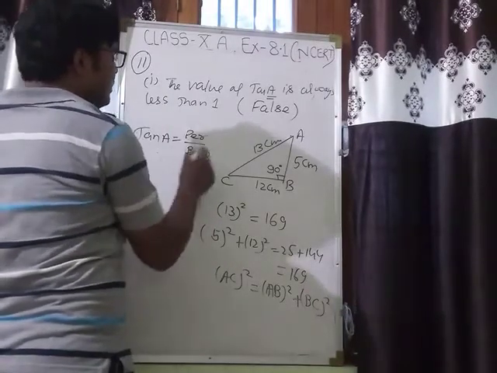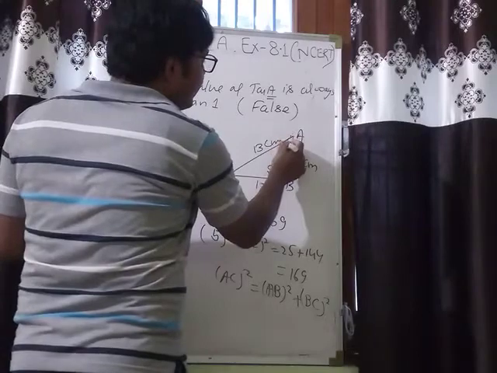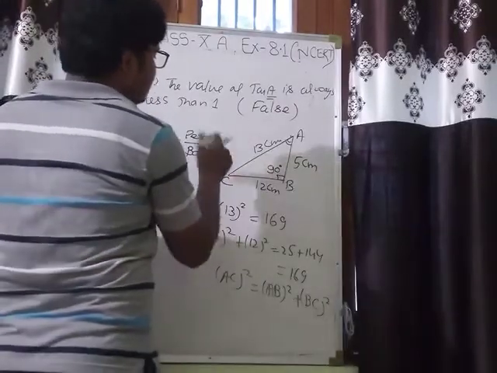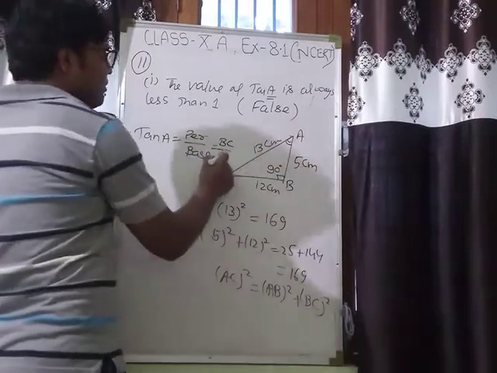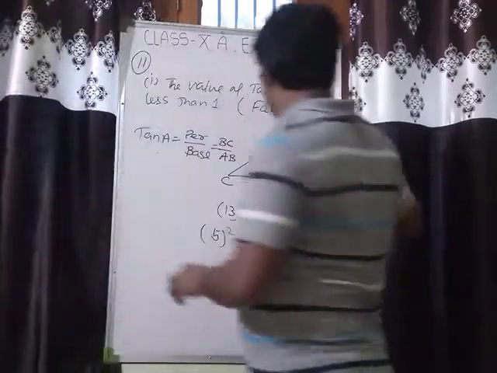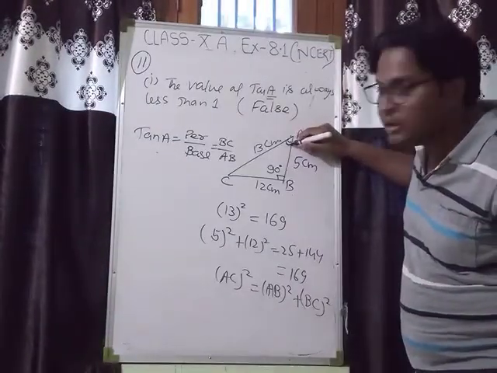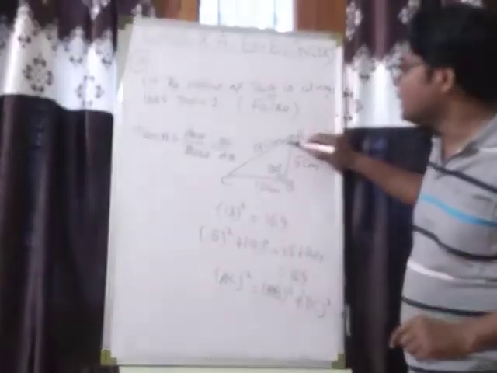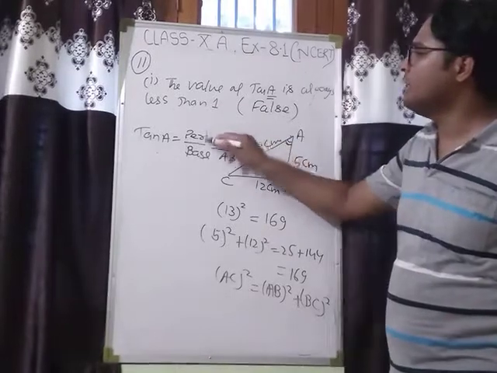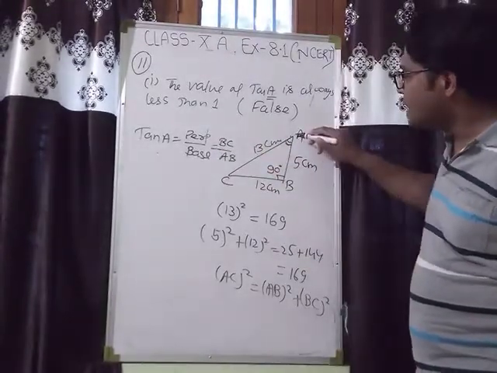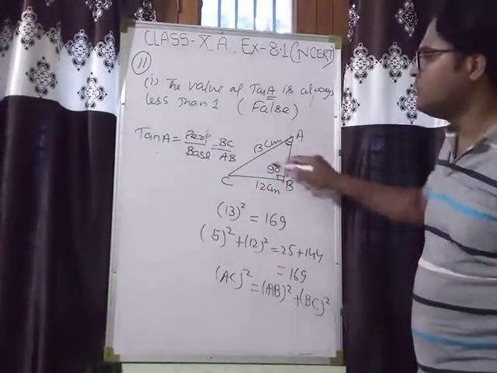We are talking about angle A, that's why perpendicular will be BC and base will be AB. Side opposite to angle A, that is BC, will be perpendicular, and side adjacent to it, that is AB, will be base.